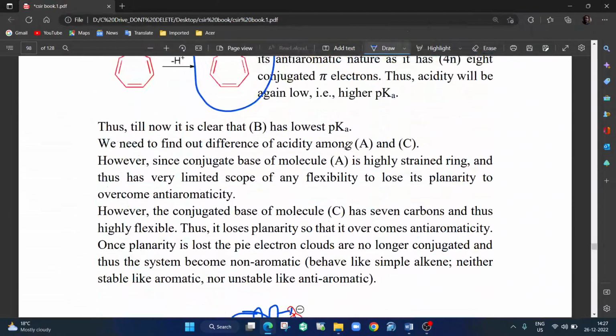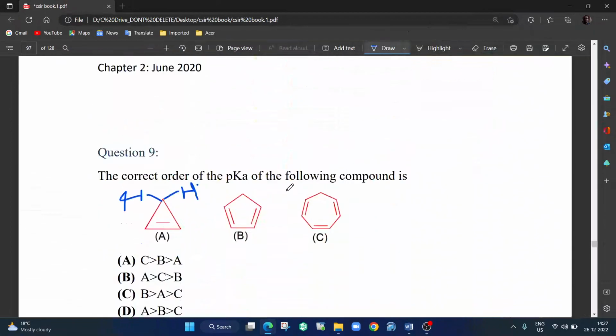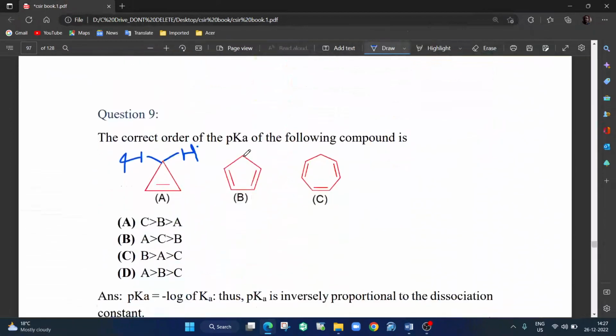That means what we can say here is B will have highest pK, right? B will have highest pK, correct? And lowest pK C will have, because its Ka will be... sorry, what am I saying? B will have lowest pKa.